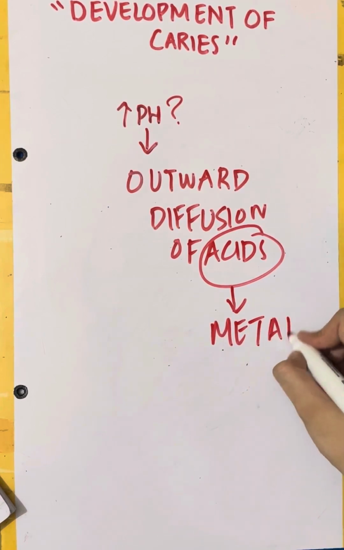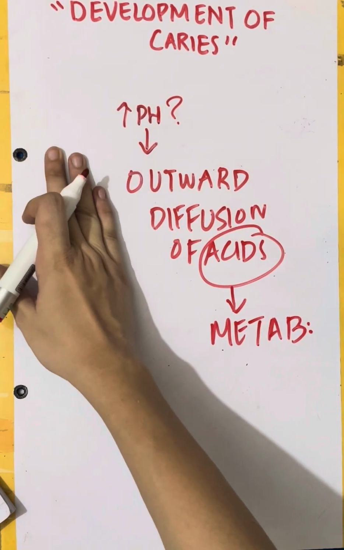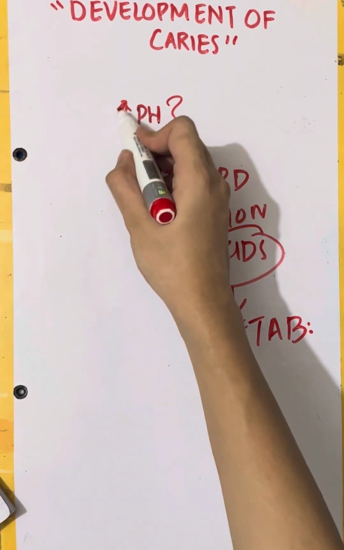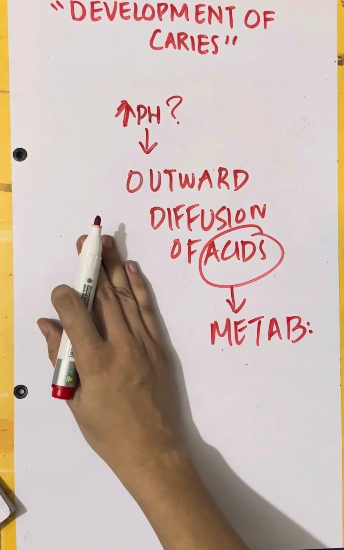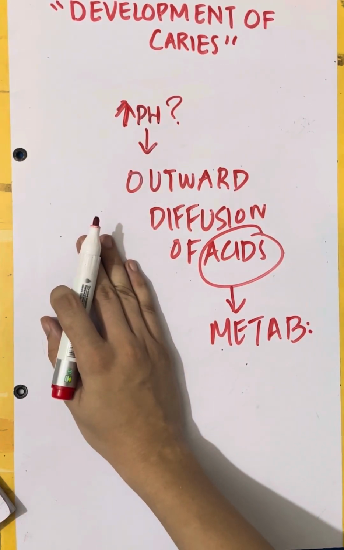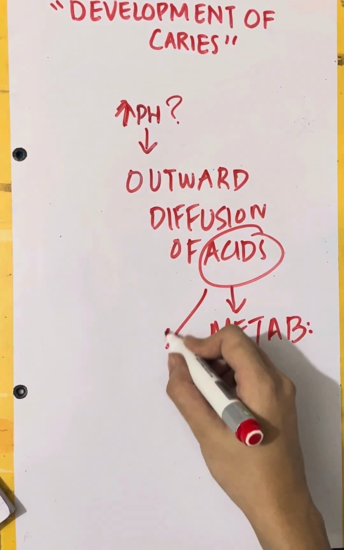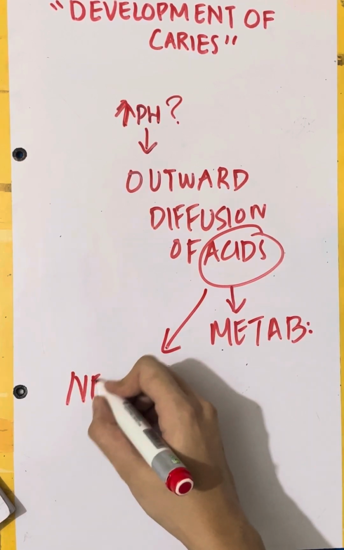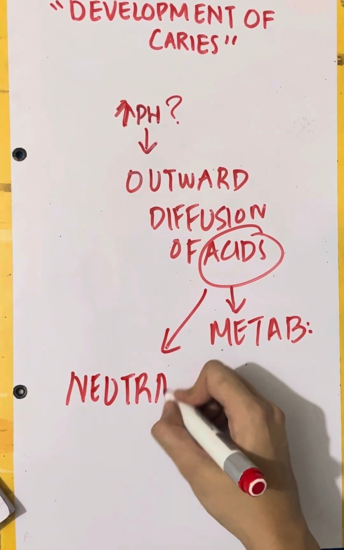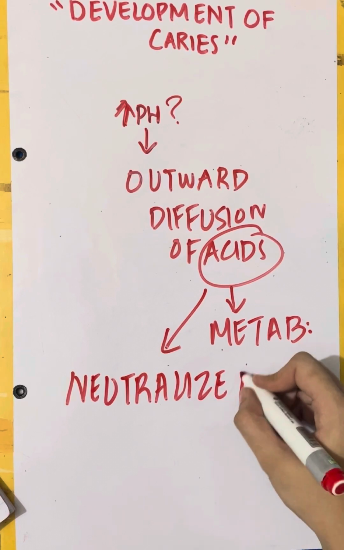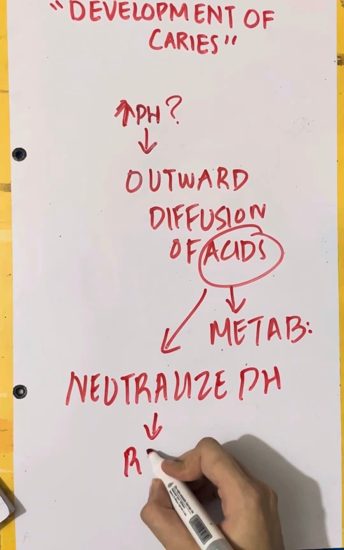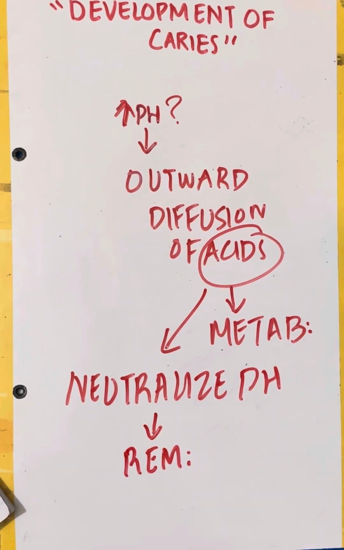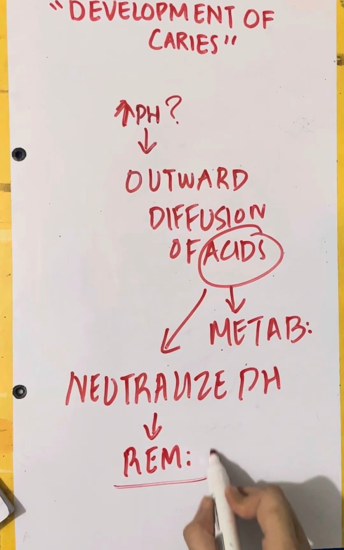So if there is no carbohydrate present in your diet, it will result in an increase of pH. How? It will cause outward diffusion of acids and metabolism of acids. If this occurs, it will neutralize our pH, and indirectly remineralization occurs. That enamel that was dissolved will remineralize.